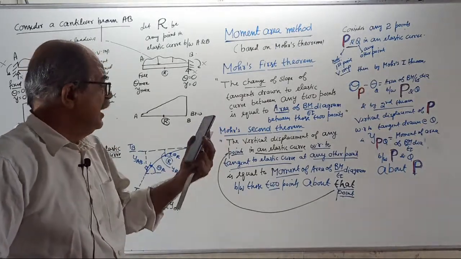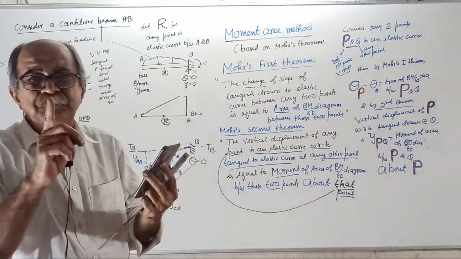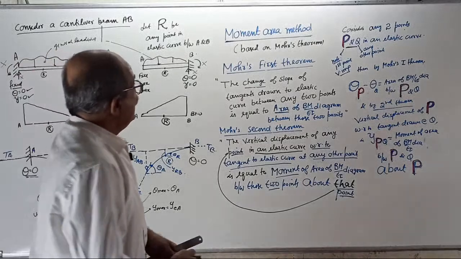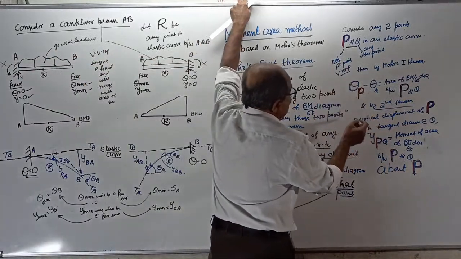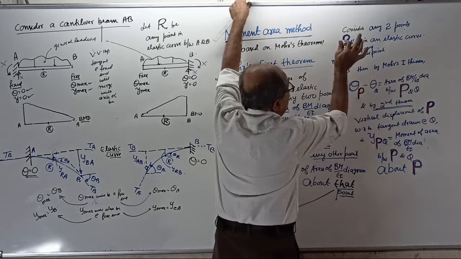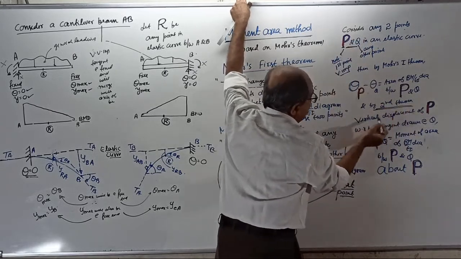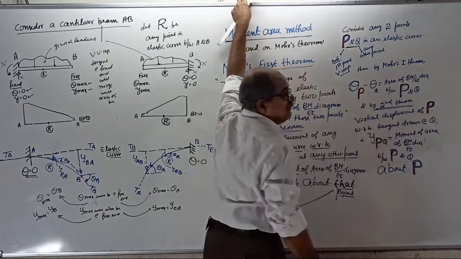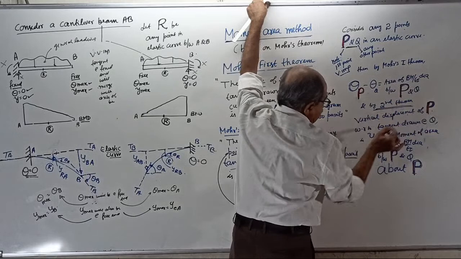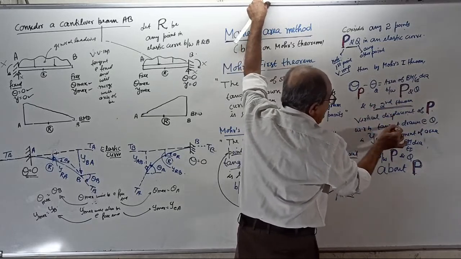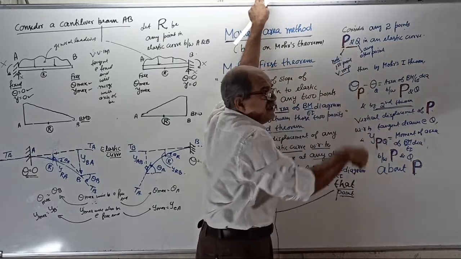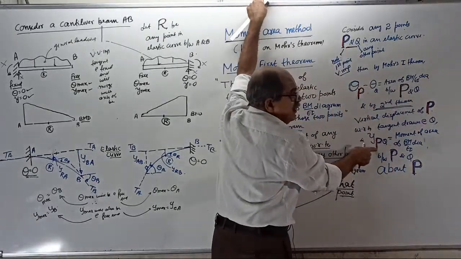I am rubbing everything now. Then I will tell you a simple way now. I will make a shortcut now. Okay, now. Next. By the second theorem, see, my first point is P. See, red color. Vertical displacement of P. It should be in the elastic curve. Vertical displacement of P with respect to the tangent at Q. That is, Y means vertical displacement of P, Y or delta.